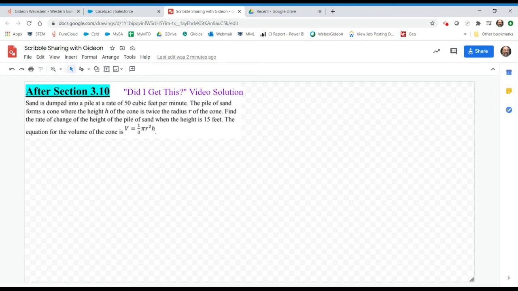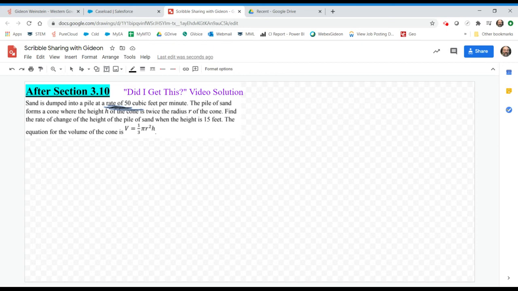Sand is dumped into a pile at a rate of 50 cubic feet per minute. So I think it's pretty important for us to immediately go rate, right? We've got a rate here. So that's a d something dt, right?